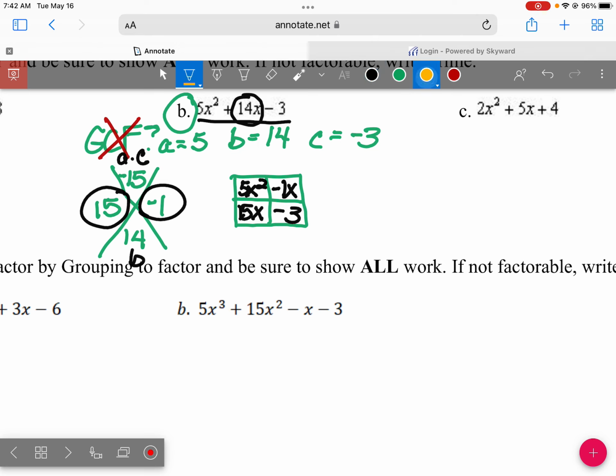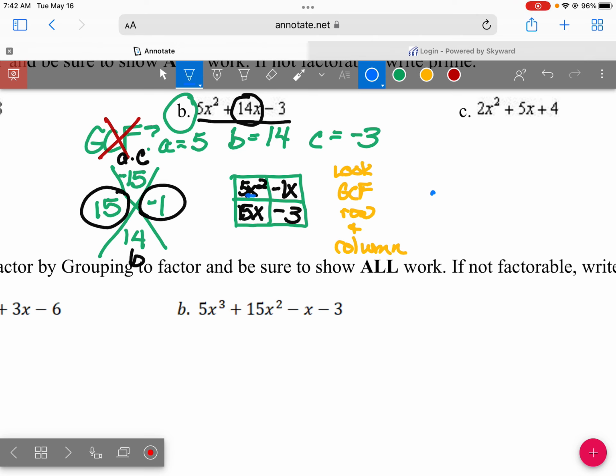So now we're looking for the GCF of each row and column. Okay, so looking at my first row, let me get a different color here. 5x squared minus 1x. Well, nothing common between 5 and negative 1 except for a 1. I don't really need to put that there.